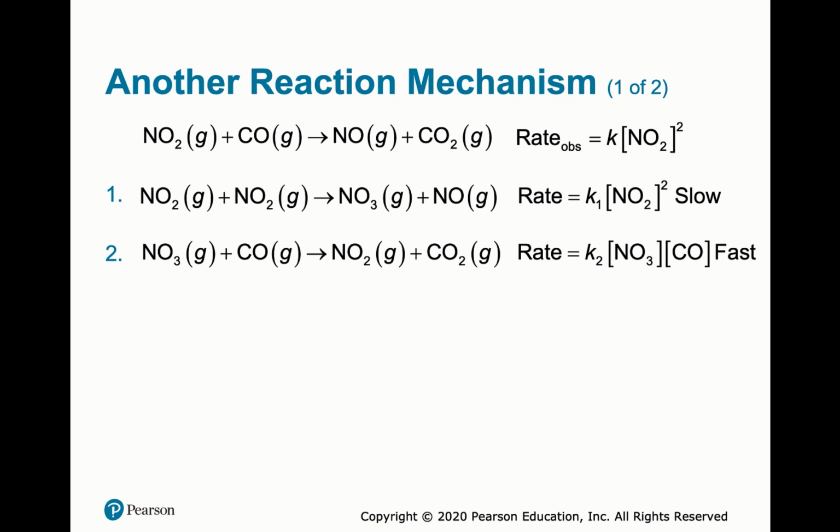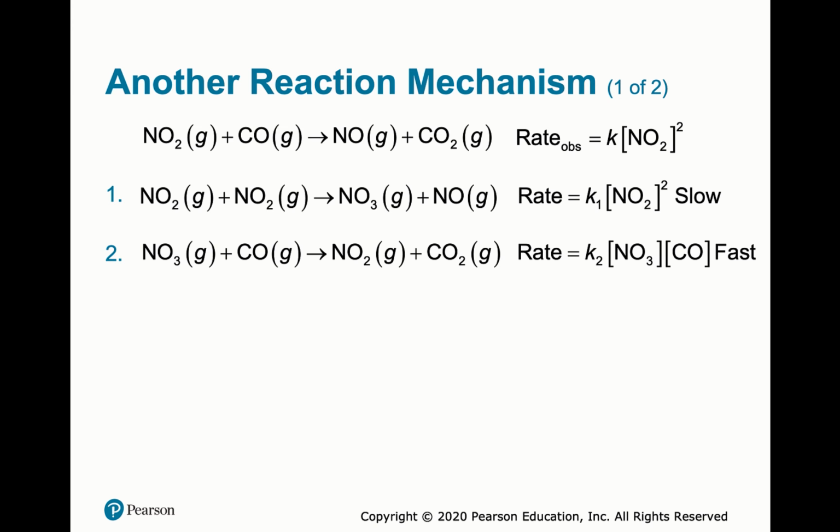So another reaction mechanism. We have nitrogen dioxide plus carbon monoxide makes nitrogen monoxide plus carbon dioxide. And we observe the rate to be a rate constant times the concentration of nitrogen dioxide, second order.